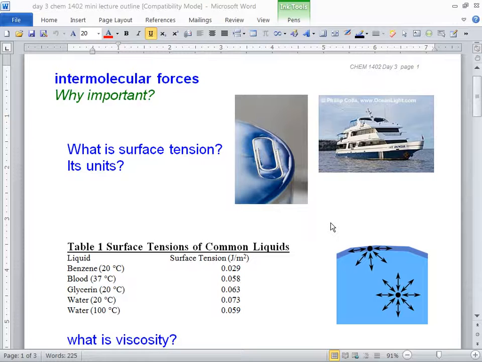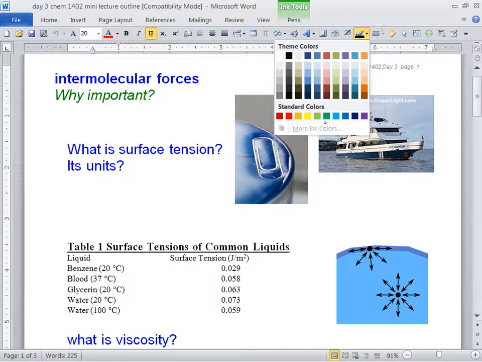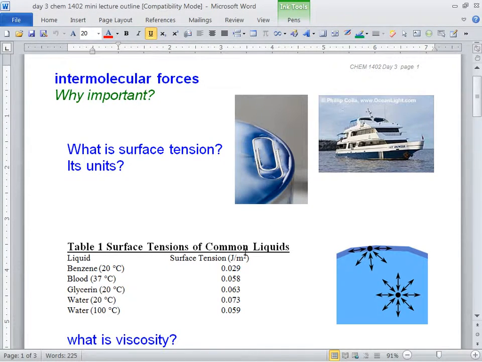Okay. So I think we need to get into the units of surface tension in order to figure out really what's going on here. Does anybody? Oh, it says the units. Right? Big J over meter squared.